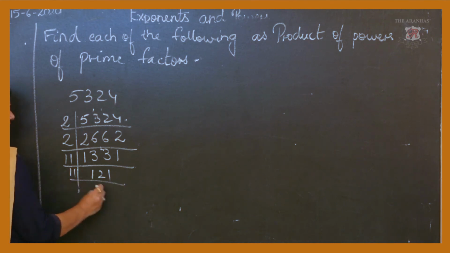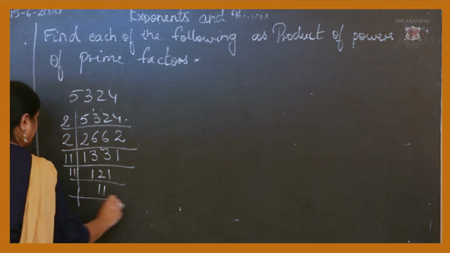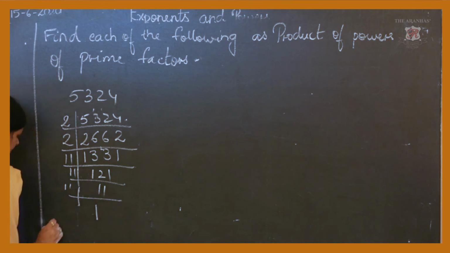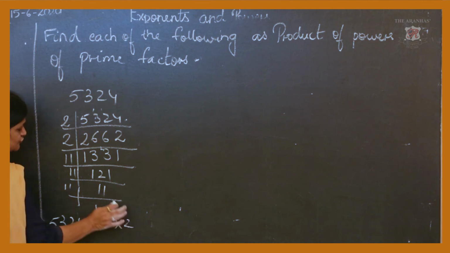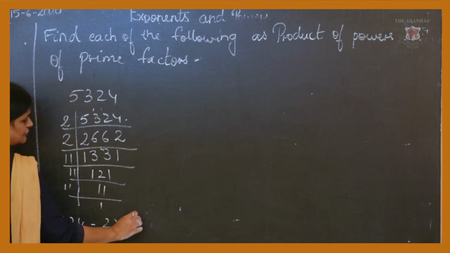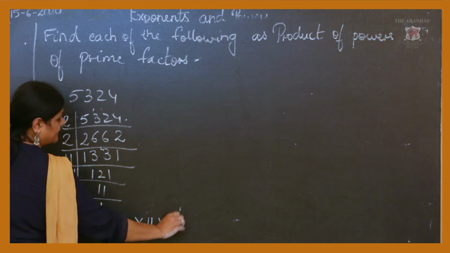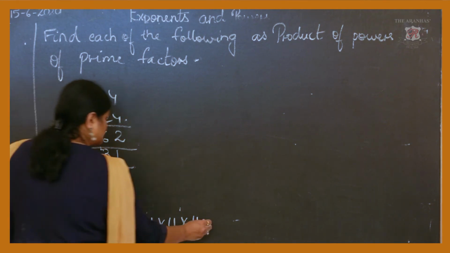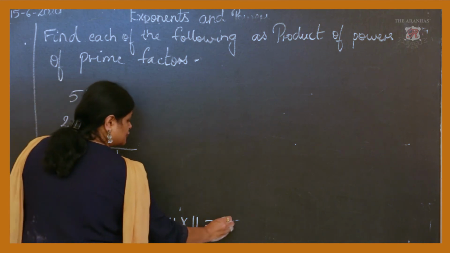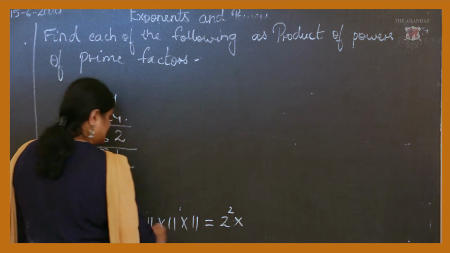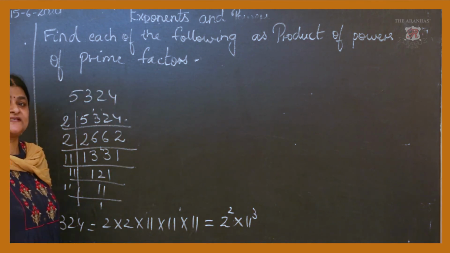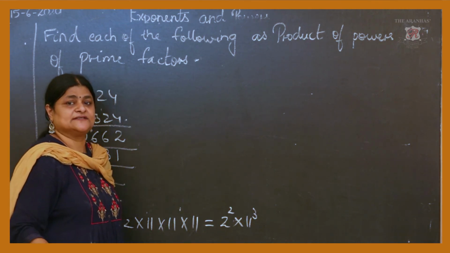So here your 5324 is equal to 2 into 2 into 11 into 11 into 11. That is equal to nothing else, 2 to the power of 2 into 11 to the power of 3. That's it. This is your answer.